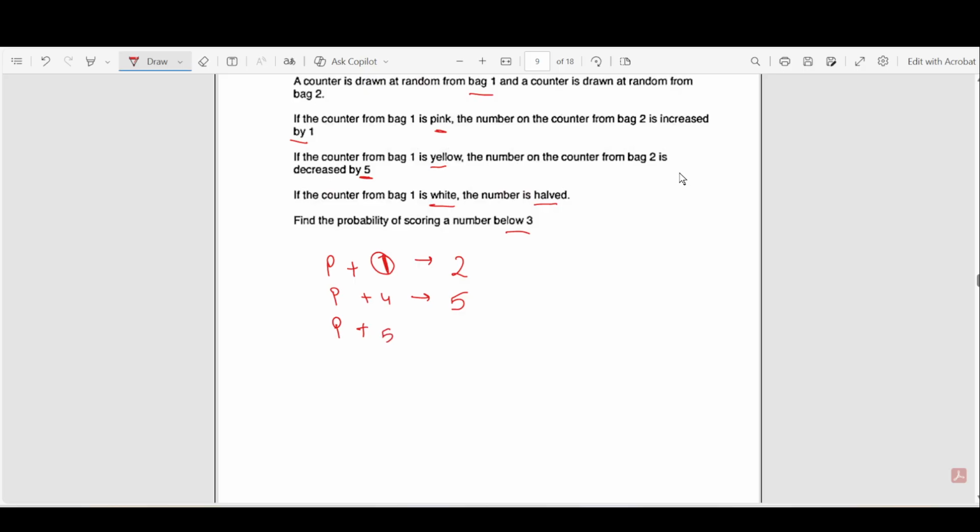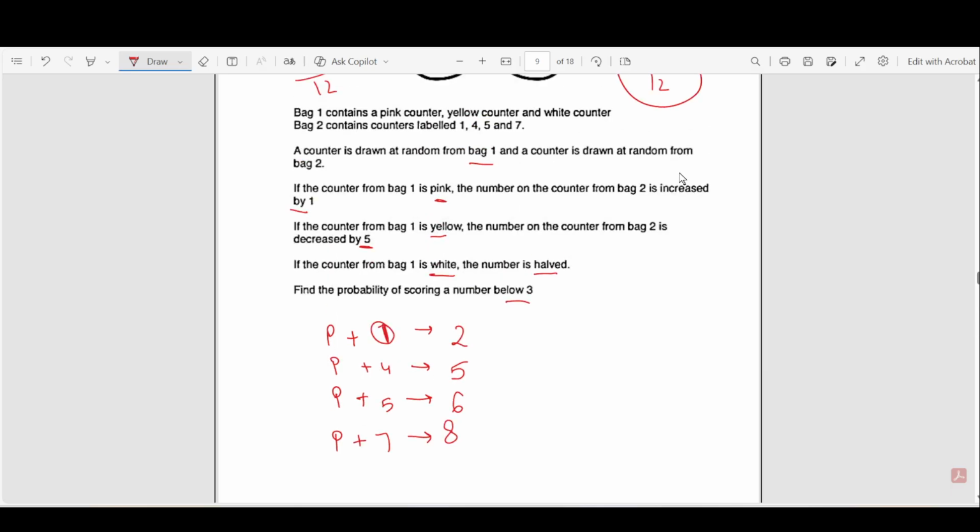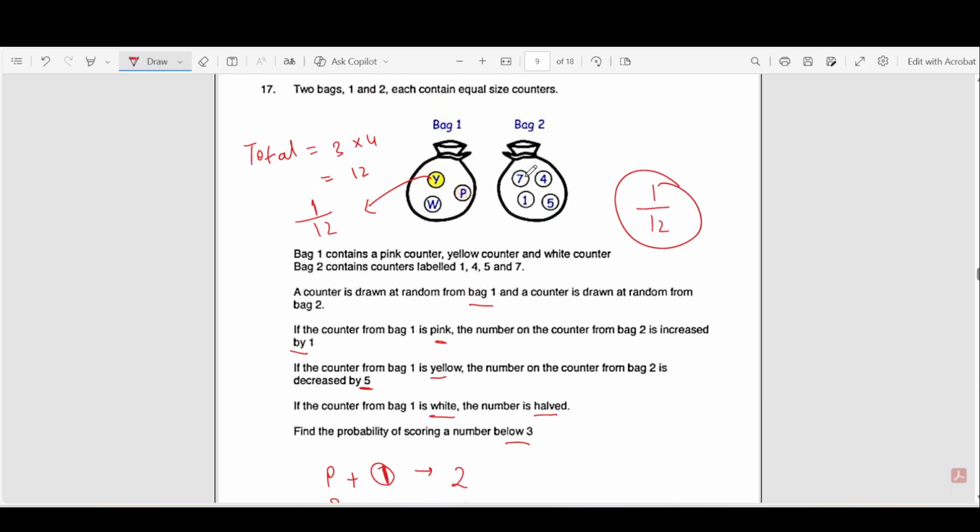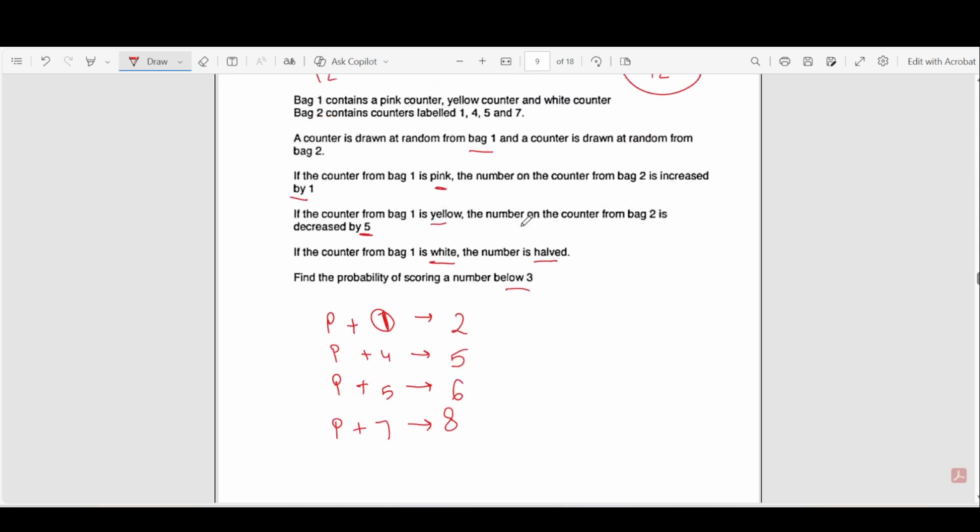Pink from bag 1 and 5 from bag 2: increased by 1, which is 6. And the other number is 7: pink and 7, 7 plus 1 is 8. These are the possibilities with pink, because there are 4 possible outcomes with each color, since in bag 2 we have 4 numbers.